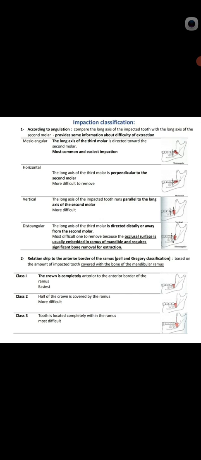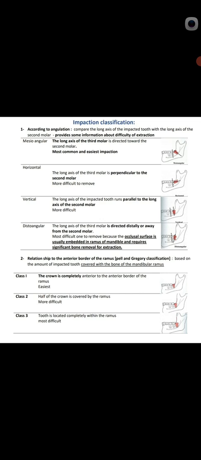Or we can also classify this as follows. In class 1, the distance between the anterior border of the ramus and the second molar is sufficient. In class 2, the distance between the second molar and the anterior border of the ramus is less, and in class 3 the distance between the anterior border of the ramus and the second molar is very less.